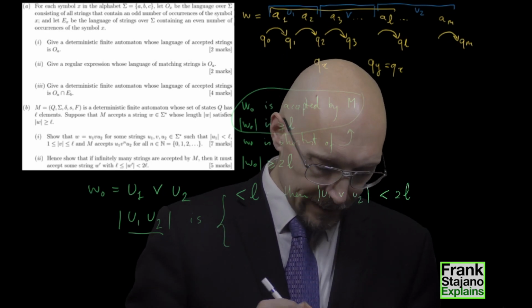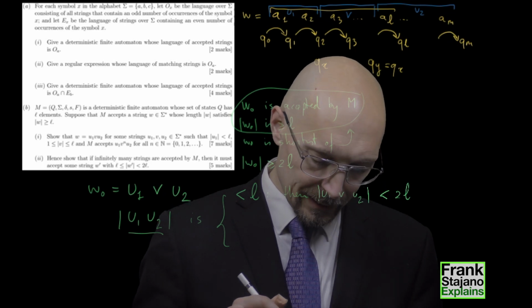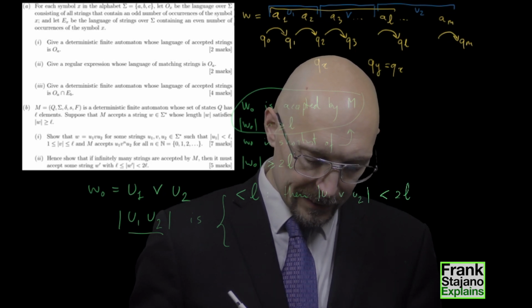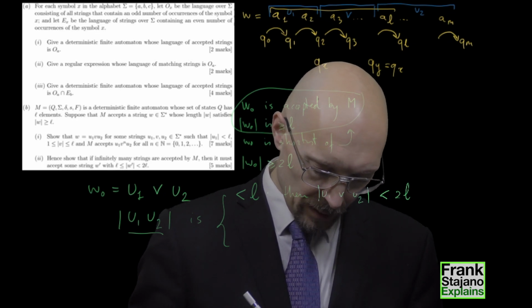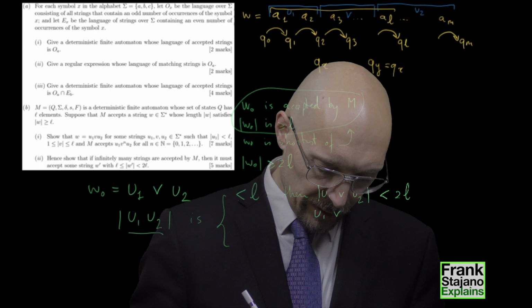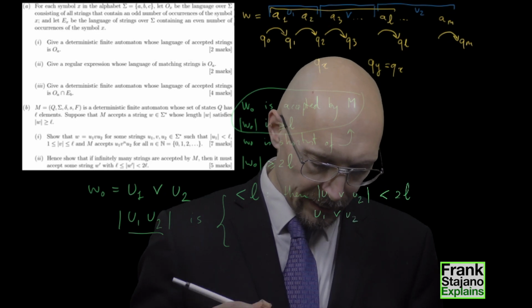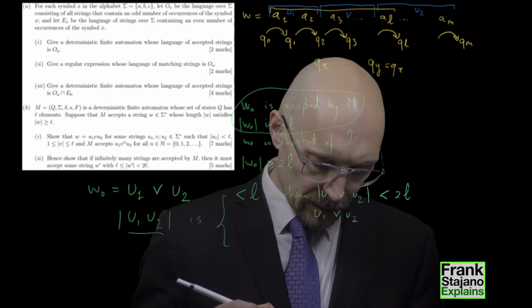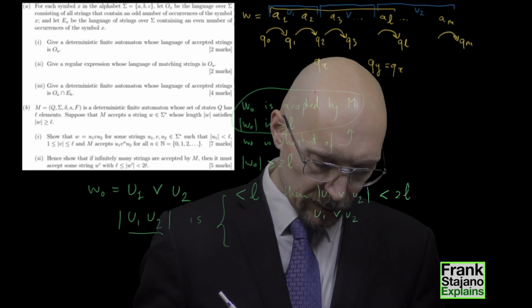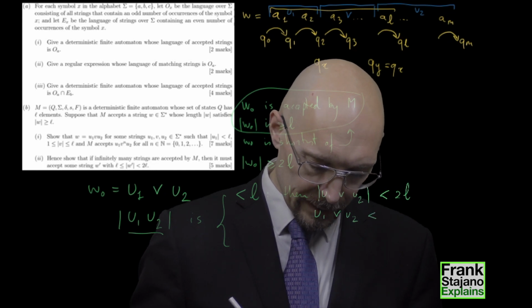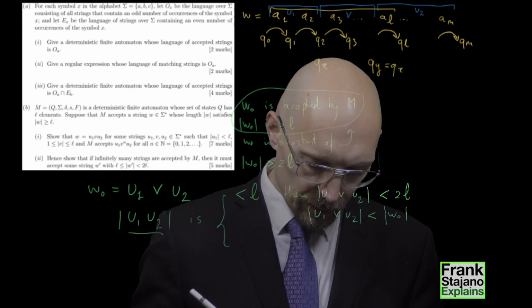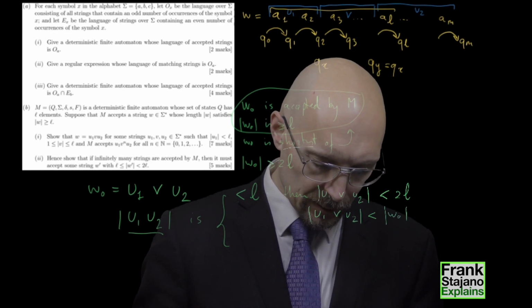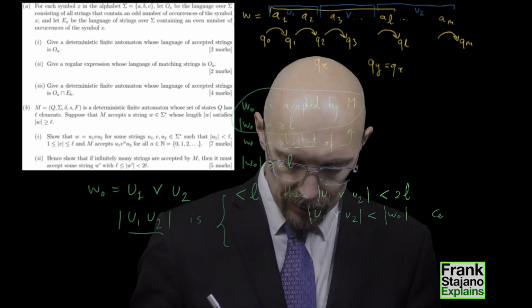So in this case, I have obtained a situation where this string U1 V U2 is shorter than W0, which was supposed to be the shortest. So this is a contradiction.